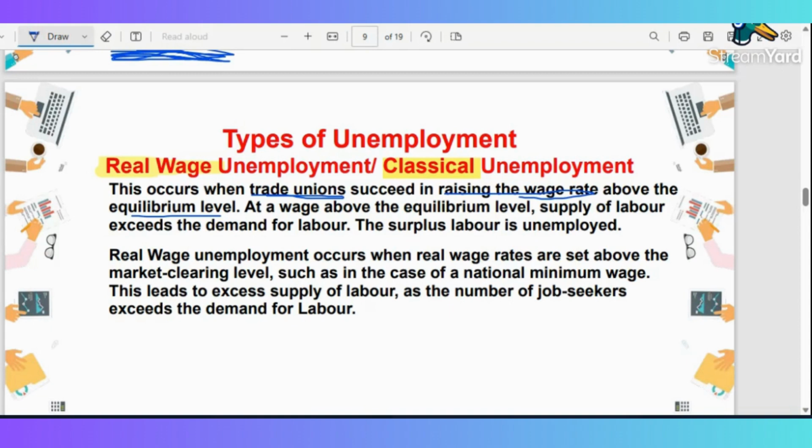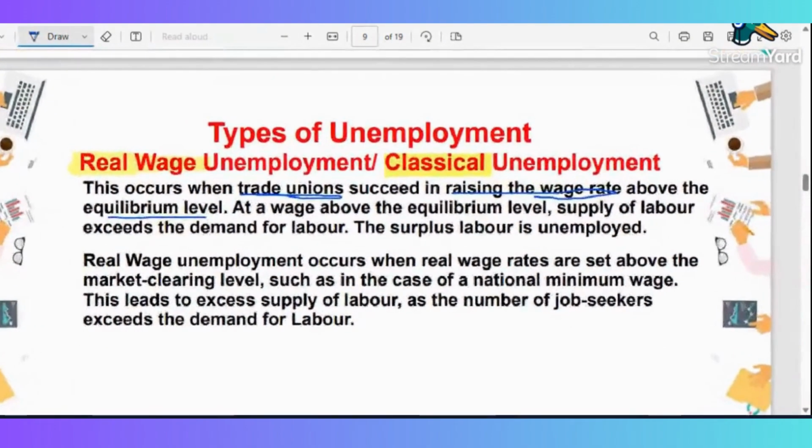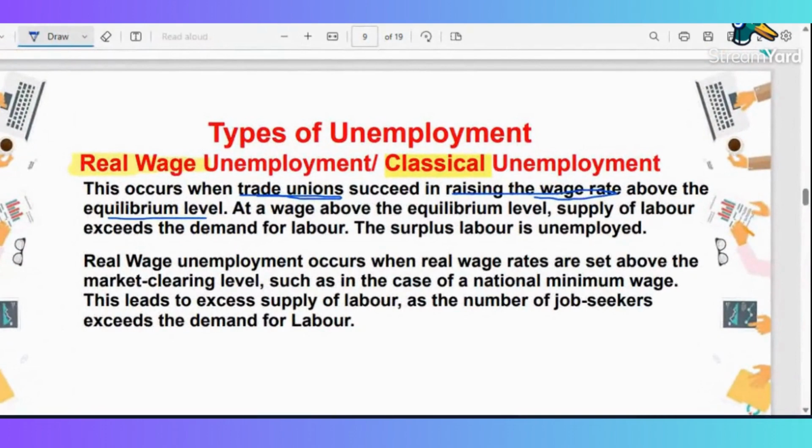In Jamaica, the teachers' trade union is the JTA, Jamaica Teachers Association. It's a governing body that speaks on behalf of the teachers who are members of that trade union. So, real wage unemployment occurs when trade unions succeed in raising the wage rate above the equilibrium level.